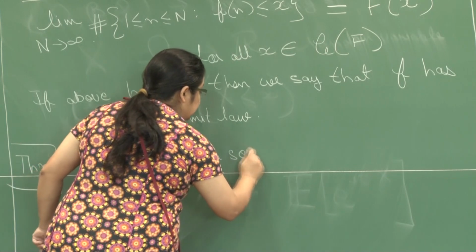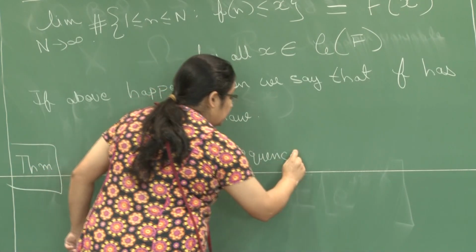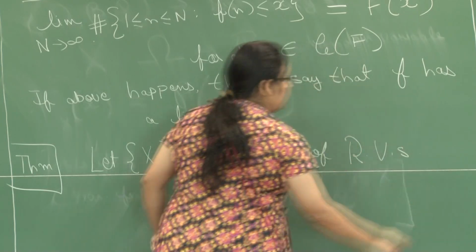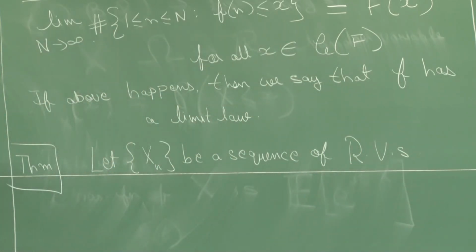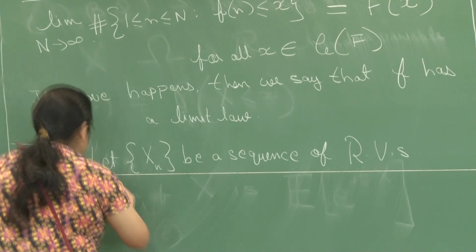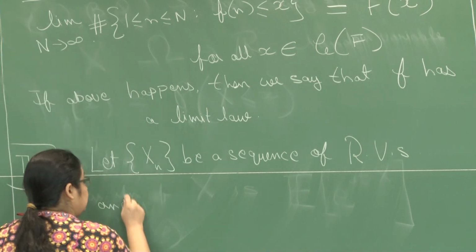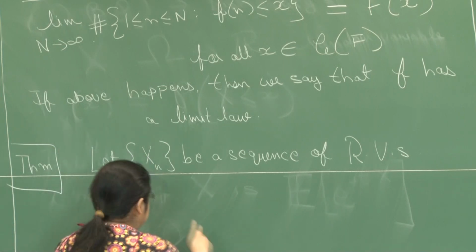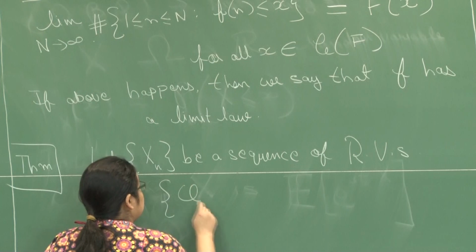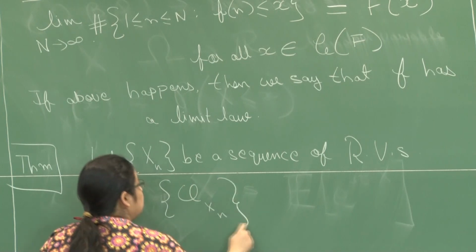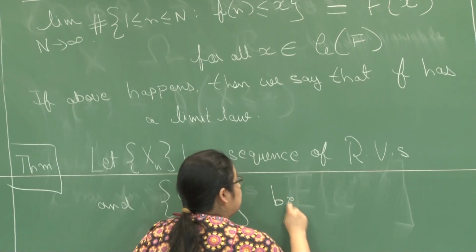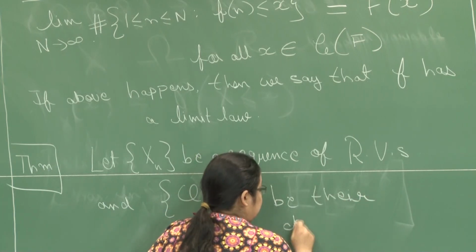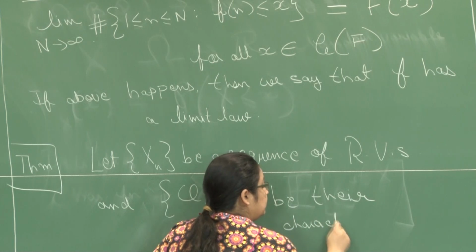So, let us take, as before, a sequence of random variables, not necessarily on the same probability space, and let us take phi sub x sub n be their characteristic functions.